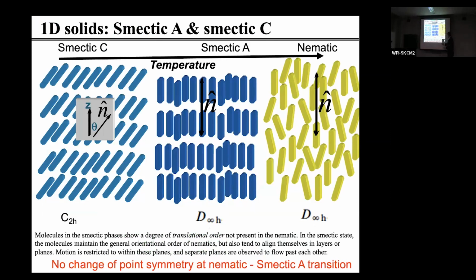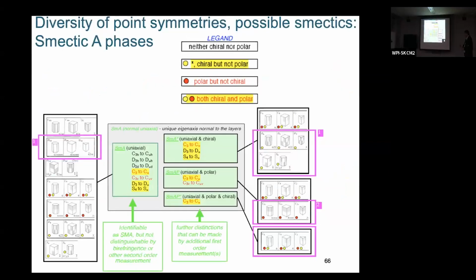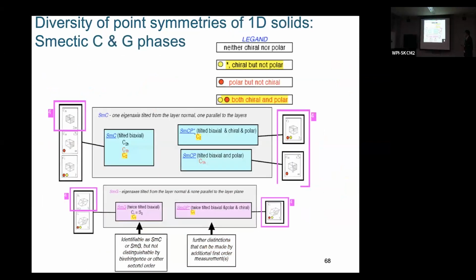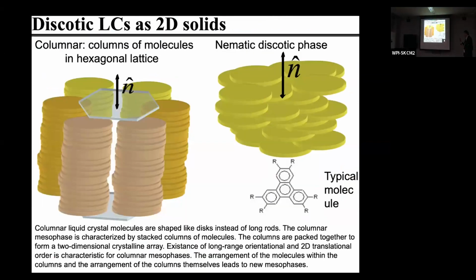For example, this is C2h, D infinity h smectic, D infinity h nematic. But when it comes to smectics, for example, well, you can have a huge variety of phases when the molecules are of different symmetry, perpendicular to layers or tilted to layers. And again, infinity of possibilities. Will not be able to discuss all of them.